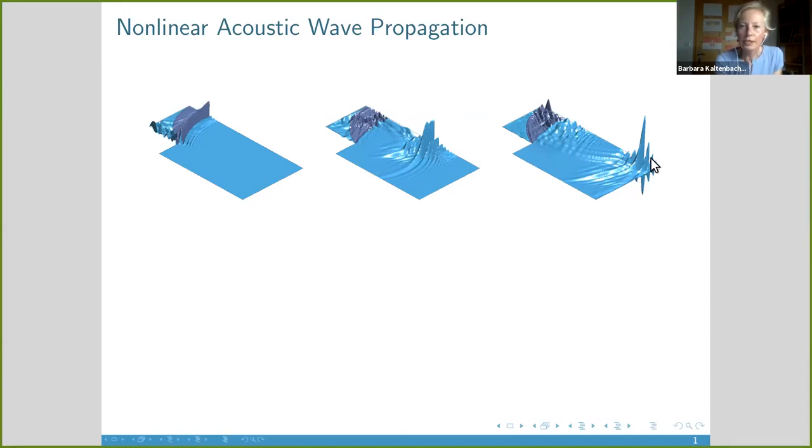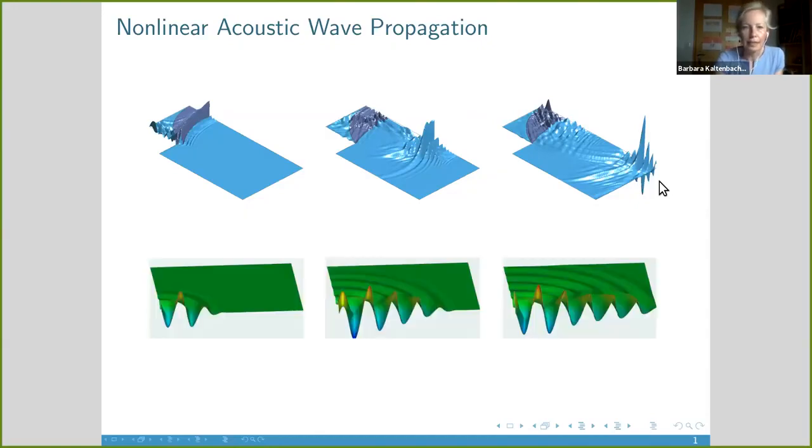But the focusing is not exactly as one would expect in a linear wave propagation. And this can be better seen by this second set of snapshots from a different experiment. Here a sinusoidal wave is excited on the left-hand boundary, and it keeps being excited. But as it travels through the medium, you see that it's of course damped, but it's also steepening up.